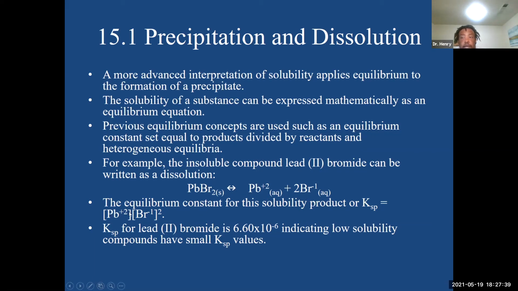Now, the equilibrium constant equation is going to be Ksp equals the concentration of the lead ion times the bromide ion squared, because we know that solids and liquids aren't going to play a part in the equilibrium. Only aqueous solutions and gases, right?